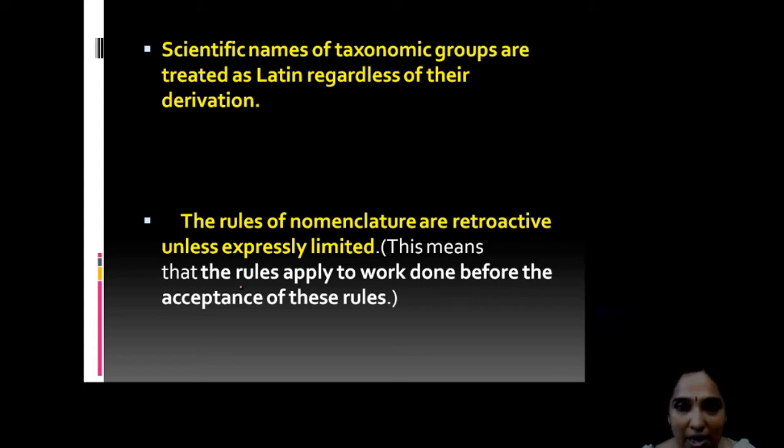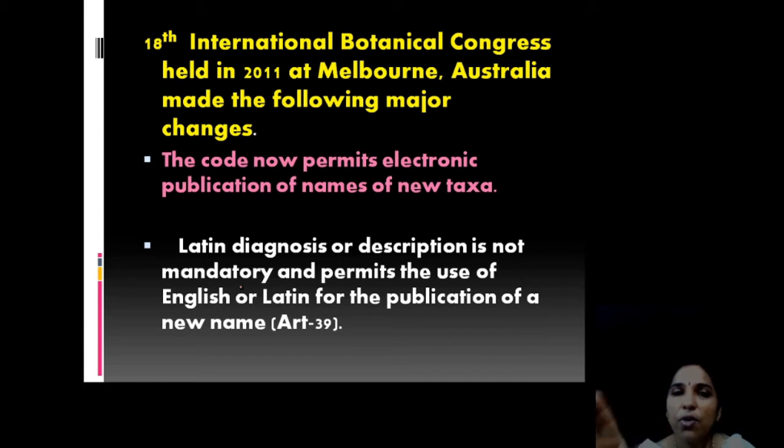So, these are the 6 important principles of plant nomenclature. You should learn them by heart. Now let us look at them one by one. Before that, a few words regarding the latest code. The 18th International Botanical Congress, held in 2011 in Melbourne, Australia, made some changes.